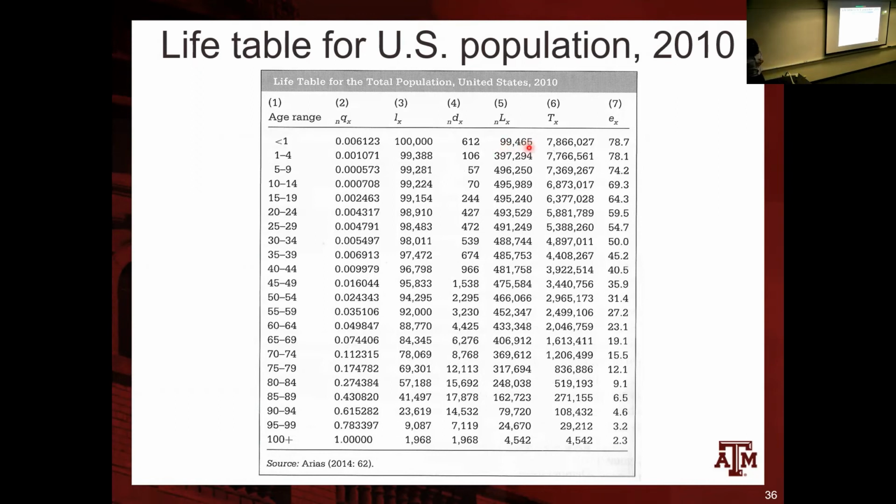If nobody had died, 100,000 babies had survived to the next age group. One baby survived 1 year, the other one 1 year, the other one 1 year, the other one 1 year. If we add everybody, how much would have been the big LXN? 100,000. Let's say that everybody survived. Nobody died here.